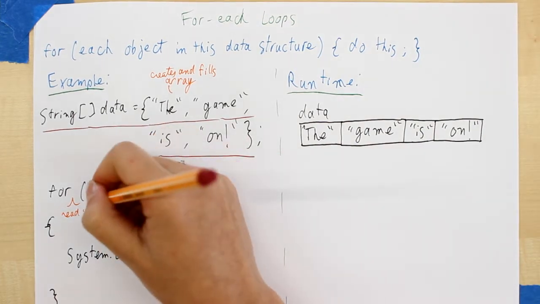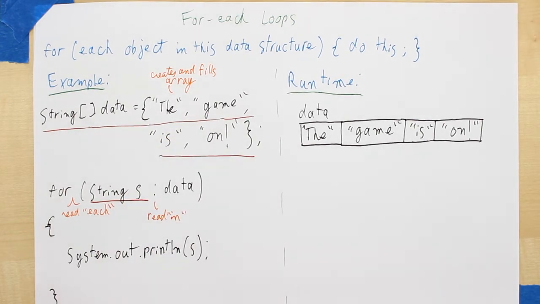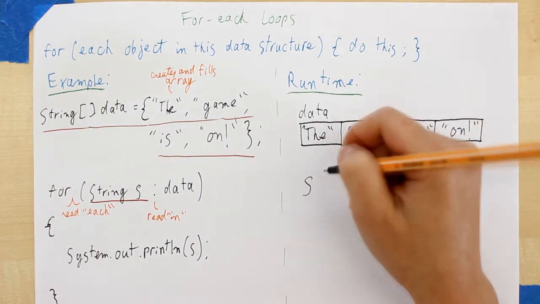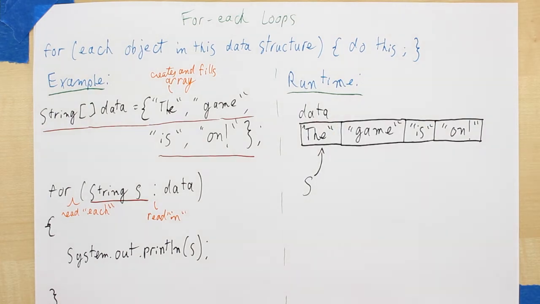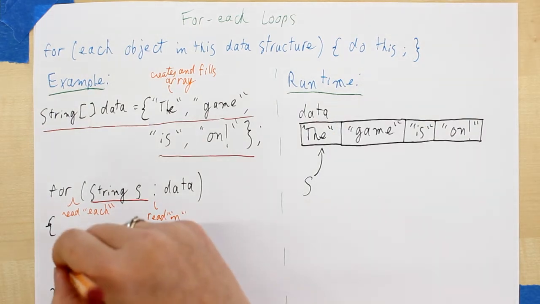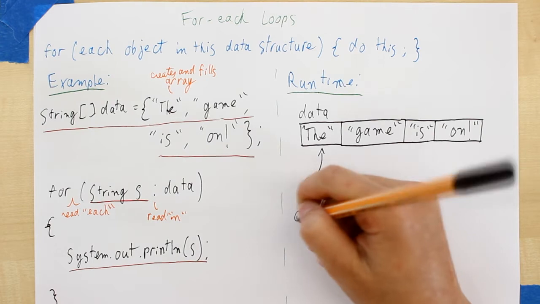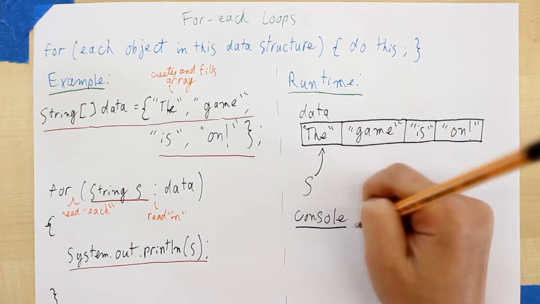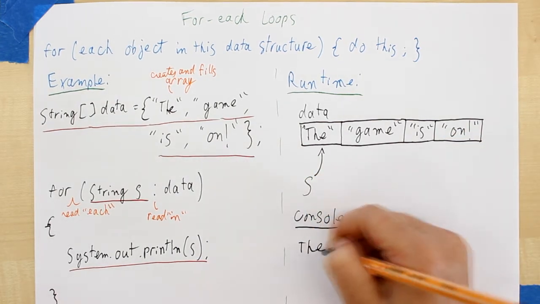Then the for each loop creates a reference s, which will point to the first object in data, so in this case, the. Then the body of the loop gets executed, so the code will print out the.